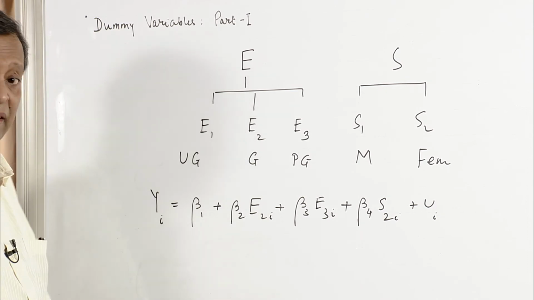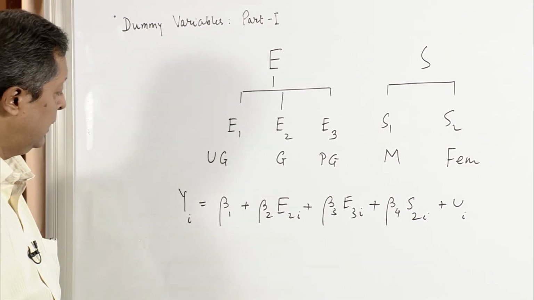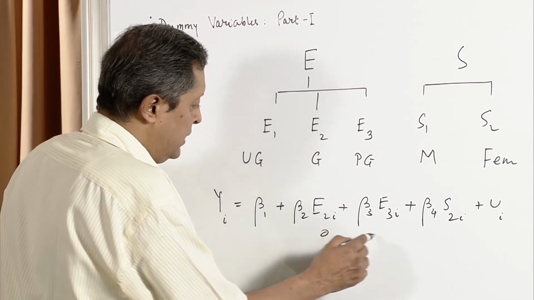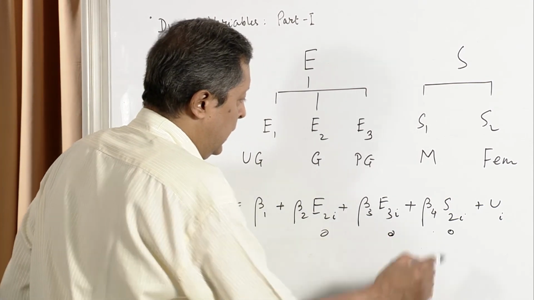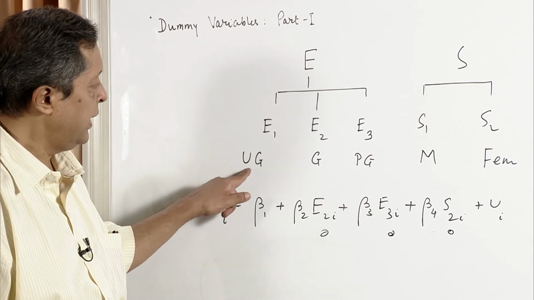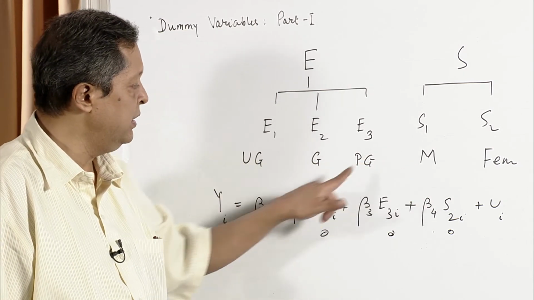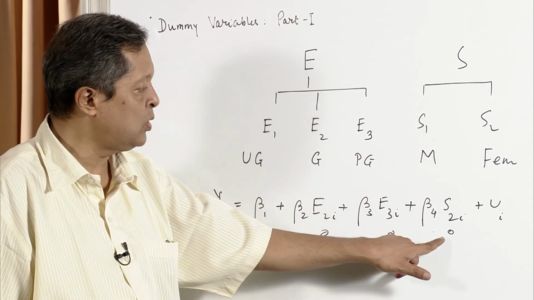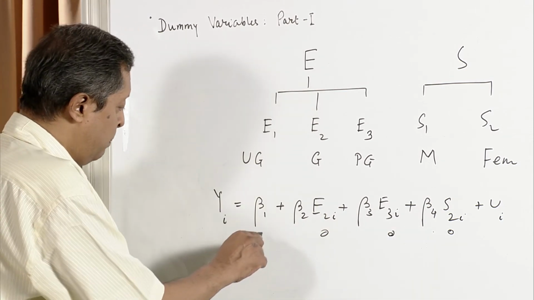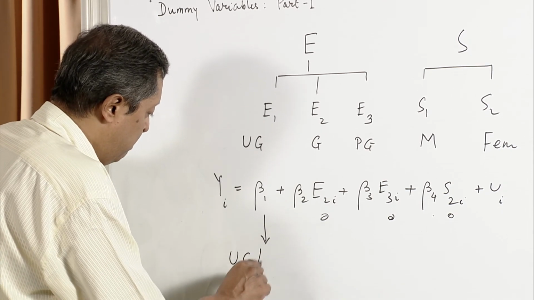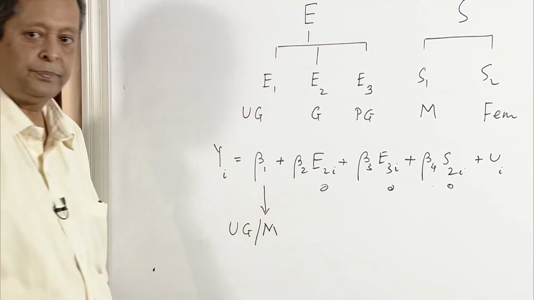So, what is the basic idea behind this model? What is beta 1? For beta 1 all of these are 0. If the person is just an undergraduate male, it means E2, E3 and S2 are all 0. So, this is the base salary of an undergraduate male employee.